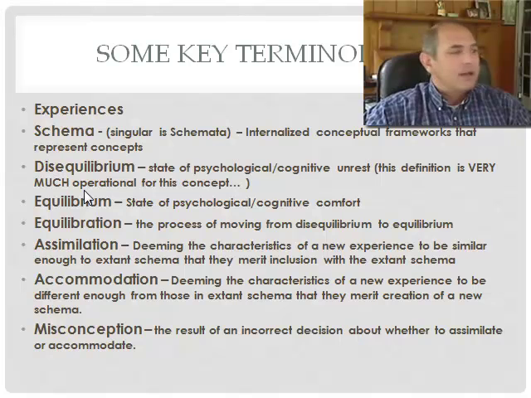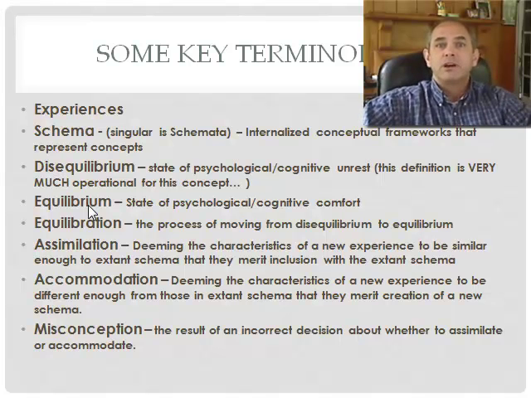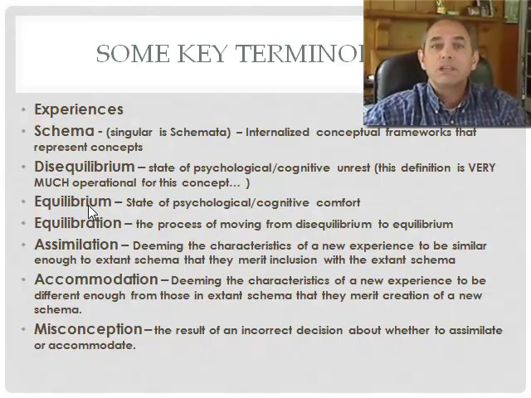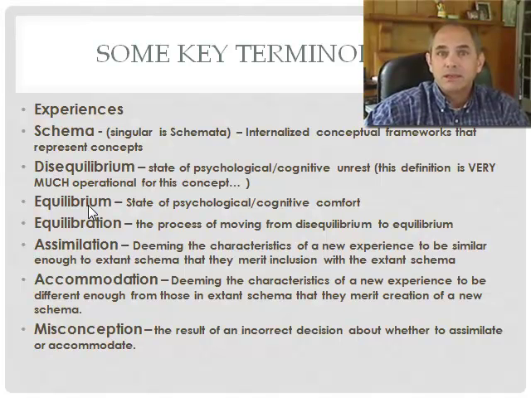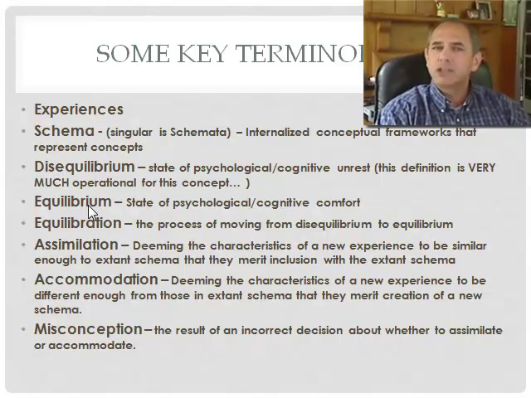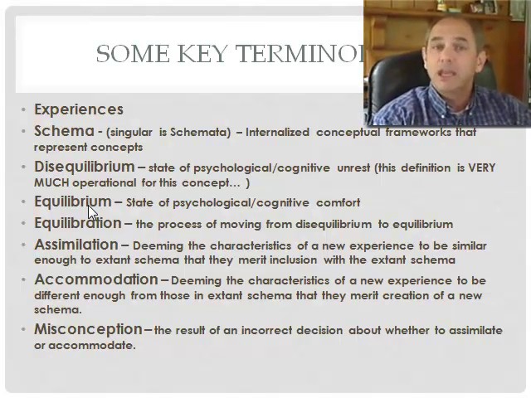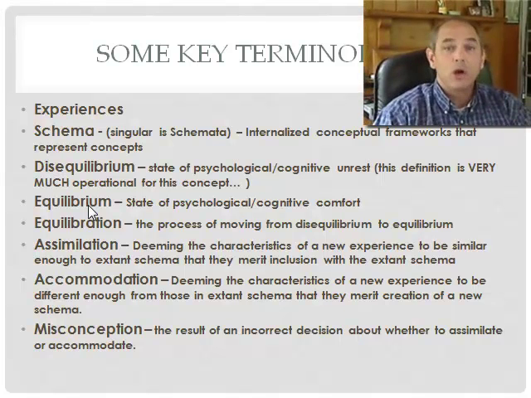But this idea of equilibration is the process that we use to get from disequilibrium to equilibrium. And Piaget would say that we do that by this process of figuring out what the characteristics are of an experience we've had, then taking those characteristics and either saying, yes, I do recognize those things, they seem similar to me, and if that's the case, then I will assimilate those characteristics in total, really.